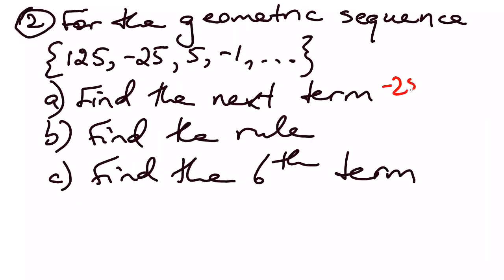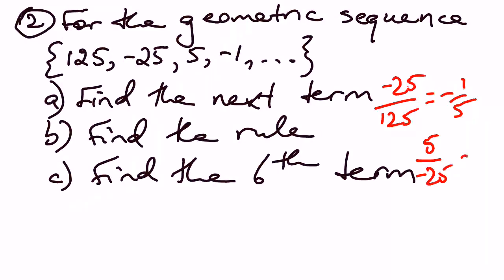Negative 25 over 125 actually gives me negative 1/5. And let's check that with my next lot. 5 divided by negative 25 also gives me negative 1/5. So I know that my common ratio is negative 1/5.